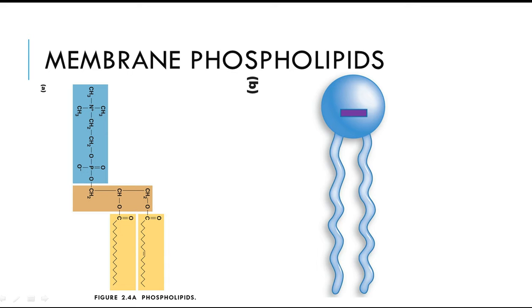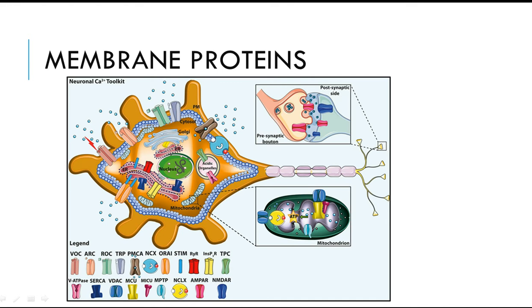And you'll find it arranged in what's called a bilayer. You'll find all these molecules arranged in a bilayer, two layers of them. So the bulk of a membrane is an assembly of phospholipids arranged in a bilayer. But a cell membrane is not exclusively made up of phospholipids. Dispersed throughout, you're also going to find various types of proteins.